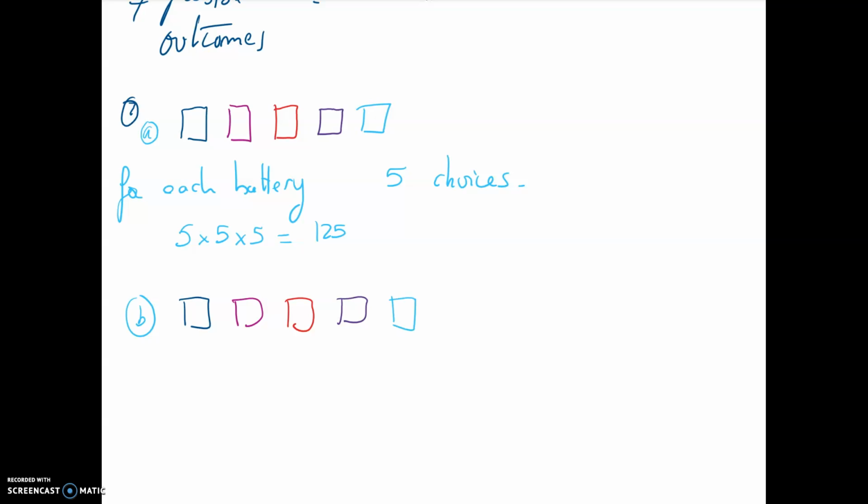For my first choice, I will have 5 batteries in my bag, but I'm not replacing. And so if there is no replacement, on my second choice, let's imagine that I pick the blue one, I'm going to have only 4 choices, right?